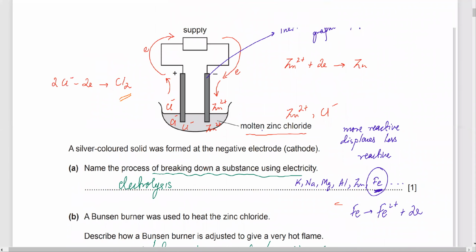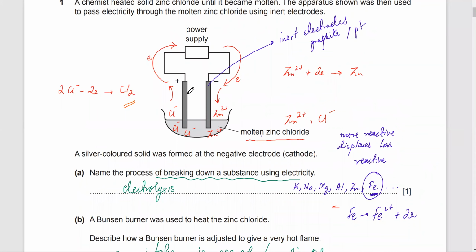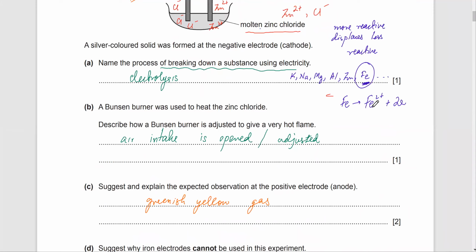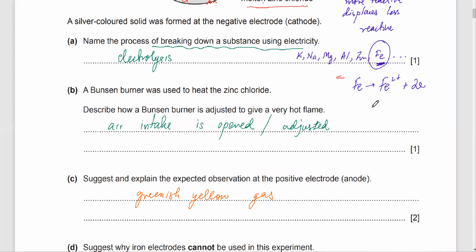If the battery is taking away electrons, and the anode is made from iron, the battery was taking away electrons from Cl-, but if it's made from a reactive metal, it would lose electrons and would start to form 2+ ions to be very specific.